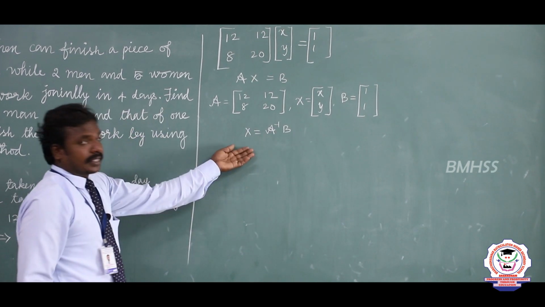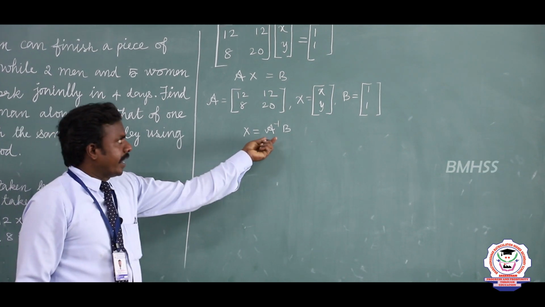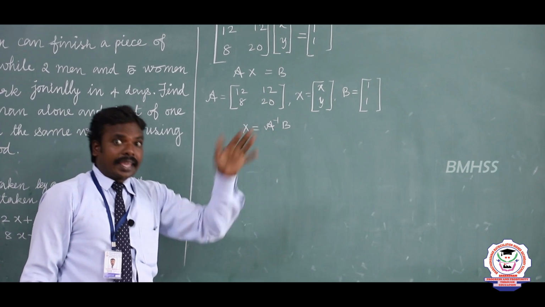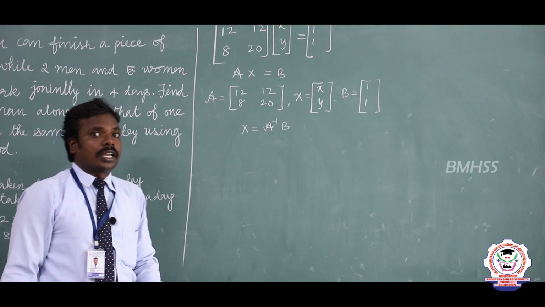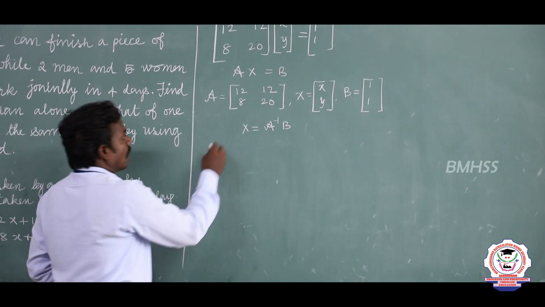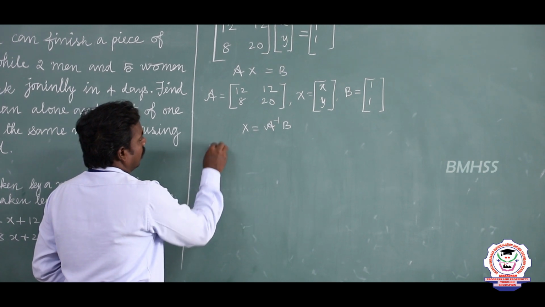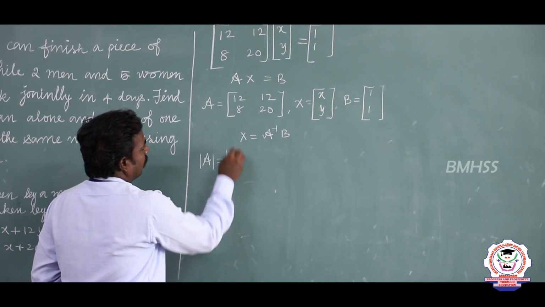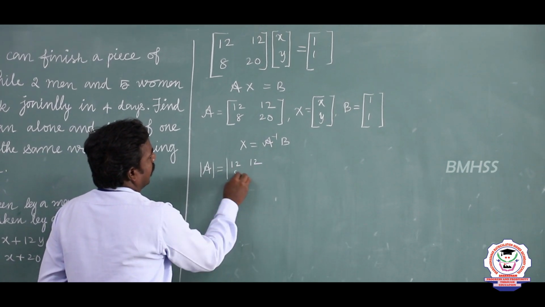To find X, first I want to find A inverse. To find A inverse, we require the adjoint of A and the determinant of A. Now I am going to find the determinant of A. That is very simple. Determinant of A equal to 12 12 8 20.